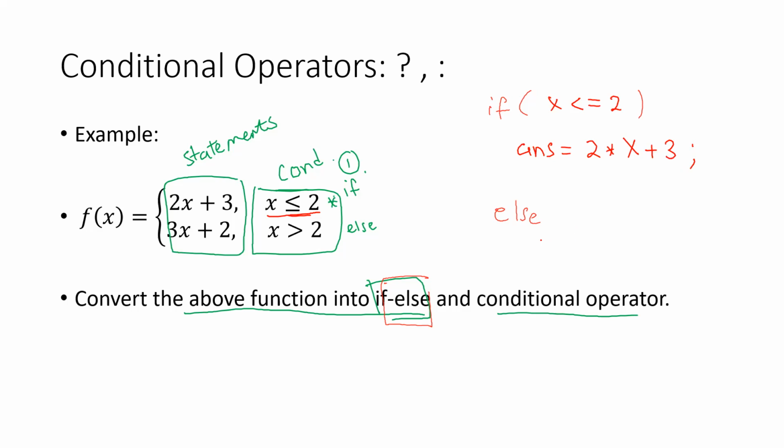Otherwise, my statement will be 3 times x plus 2. So I'm just converting into if else. Okay, you can see that I didn't specify this, but you need to understand that in order to put an expression, a statement, you need to have some kind of other variables.